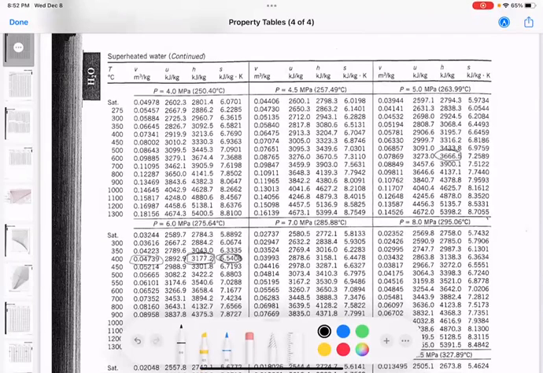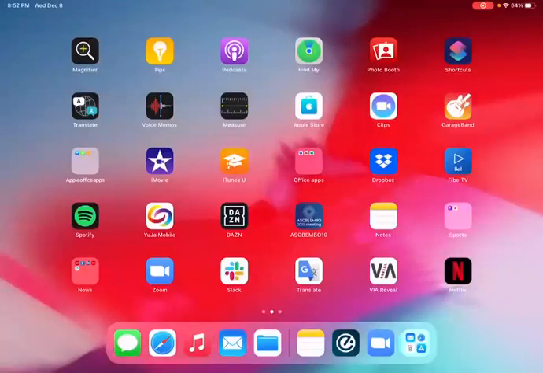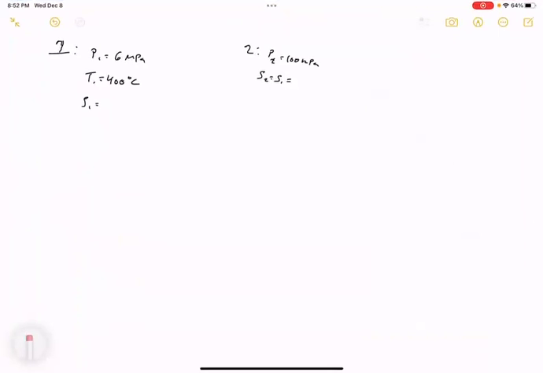We're going to write down both of those values, because all of this is to find the change in enthalpy. Okay, H1 equals 3177.2 kilojoules per kilogram.